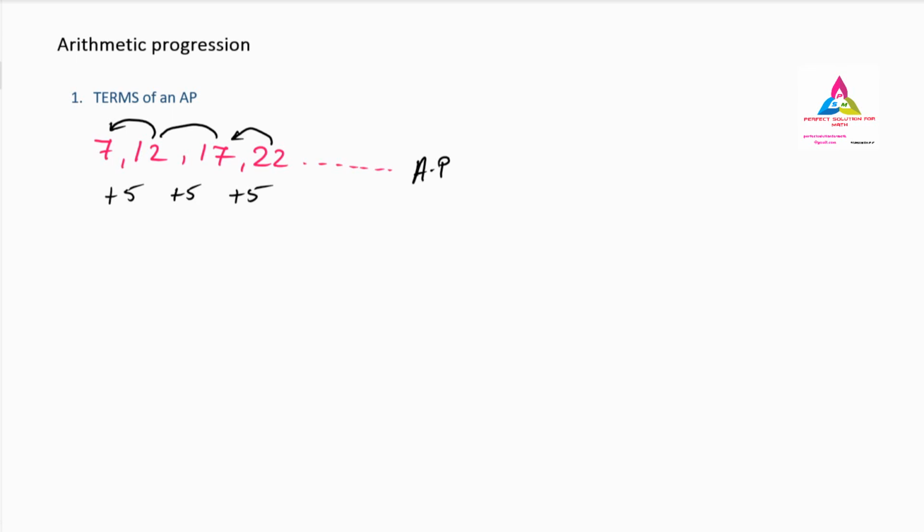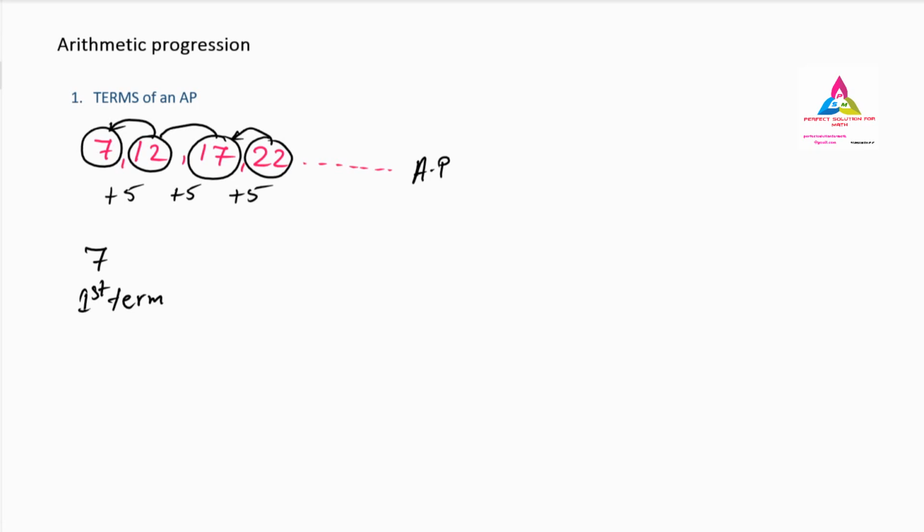Now we will continue. We have to find here the terms. Here terms refers to 7, 12, 17, 22. These are called the terms of an AP. Here 7 is the first term of this AP because it is standing first.